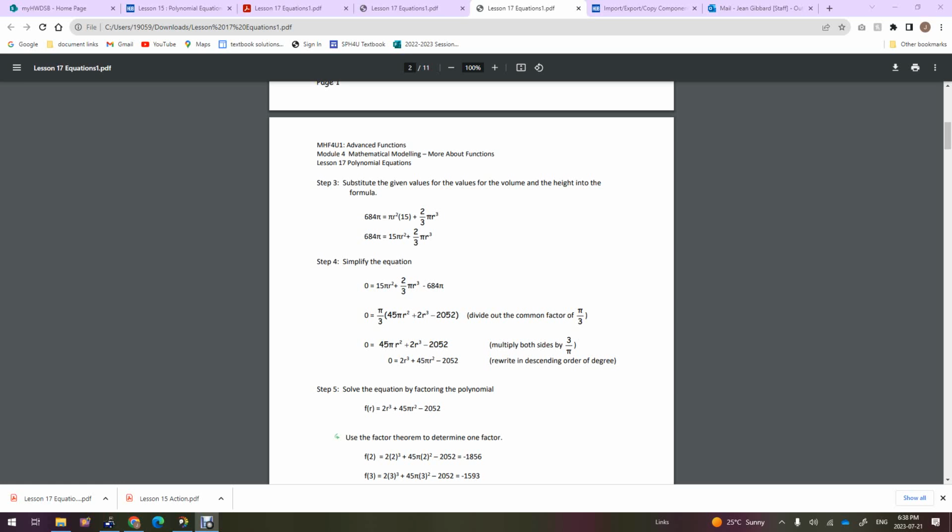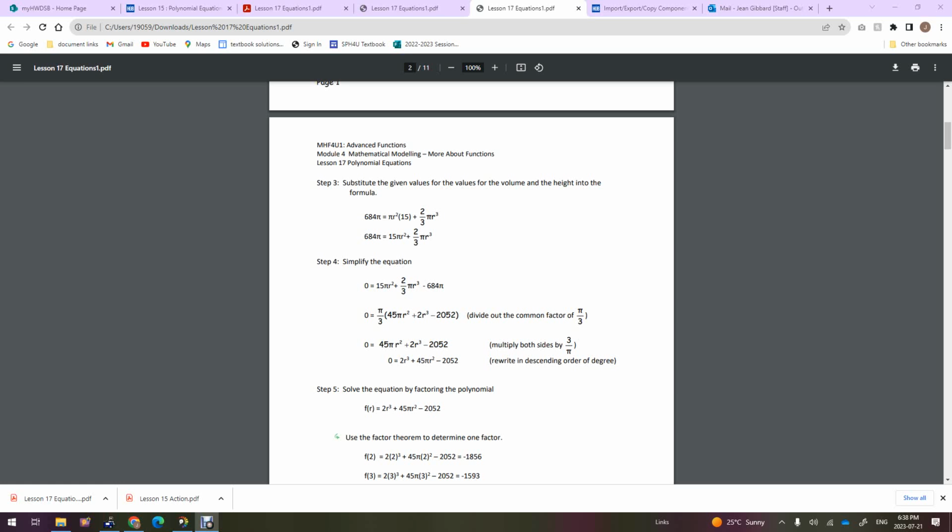From there, we're going to multiply both sides by 3/pi. And why we've chosen the value 3/pi, it's the inverse of pi over 3. This will help to simplify the question. So from there we get 0 equals 45 pi r squared plus 2 pi r cubed minus 2052.